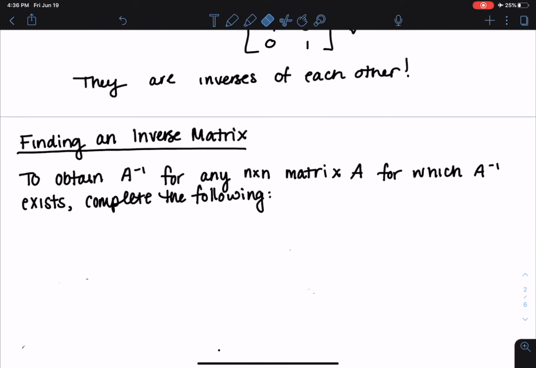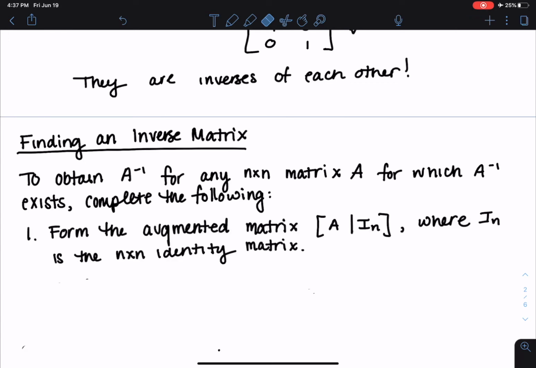To obtain A inverse for any n by n matrix for which the inverse actually exists, we're going to complete the following. First thing you're going to want to do is make an augmented matrix where you put A on one side, a bar separating it, and then the identity itself.